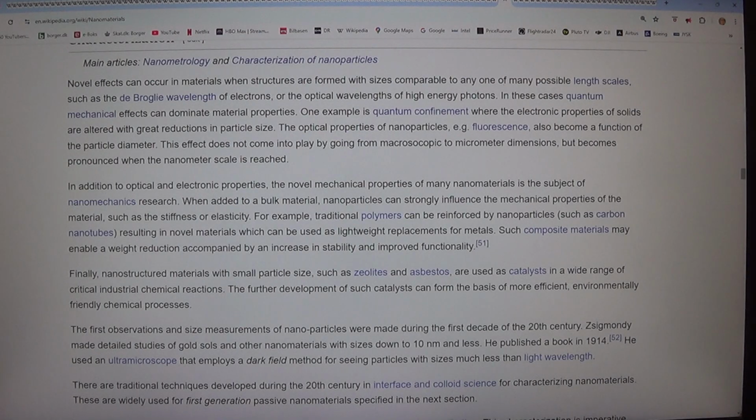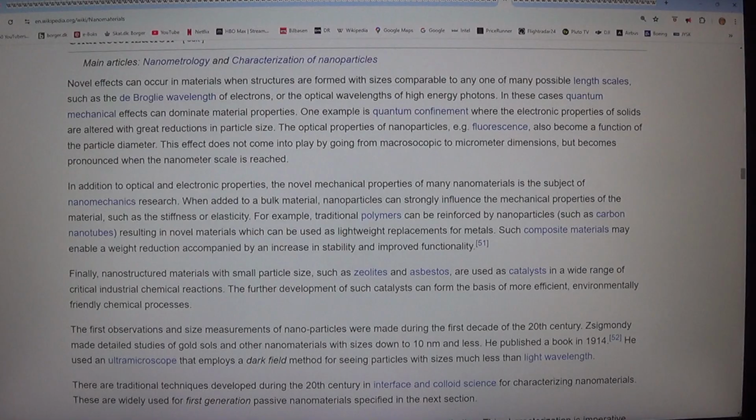Characterization. Novel effects can occur in materials when structures are formed with sizes comparable to any one of many possible length scales, such as the de Broglie wavelength of electrons, or the optical wavelengths of high-energy photons.